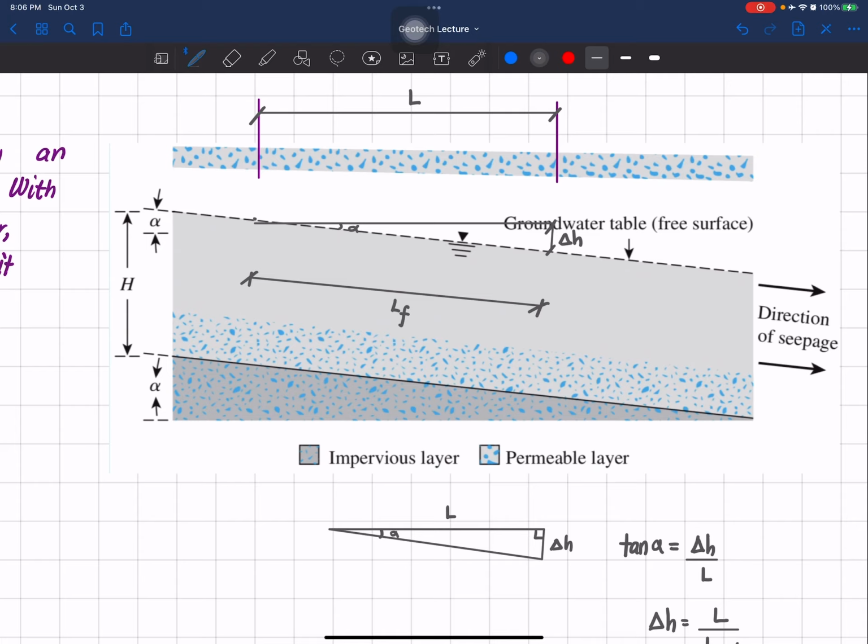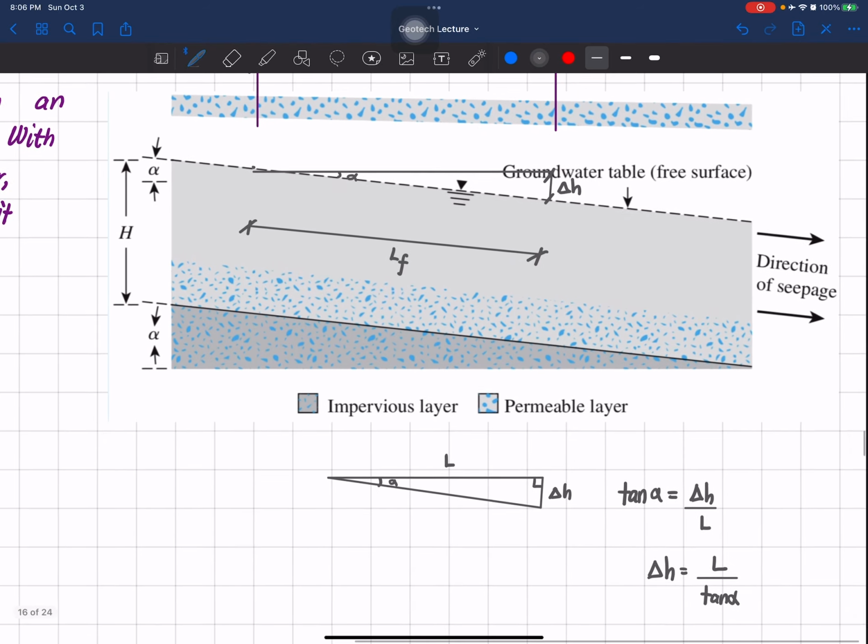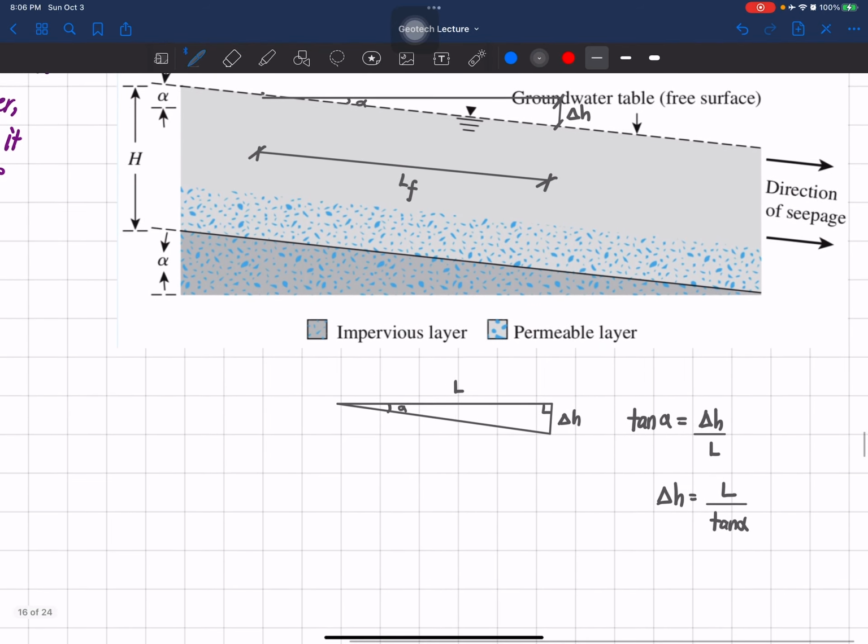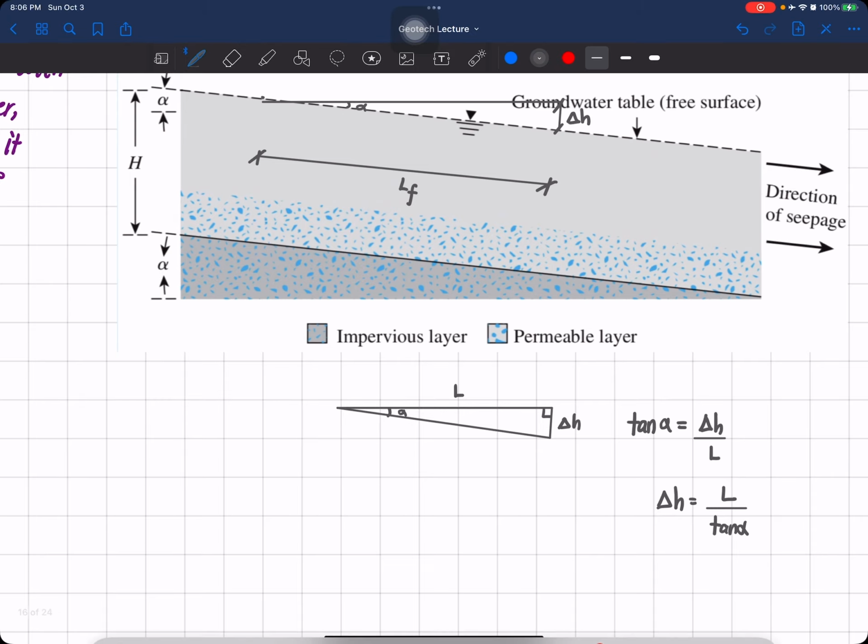So, may ma-form ulit tayong triangle, guys. So, i-draw ko na lang yung triangle dito. So, ganito siya. Magiging itsura niya ay almost the same with the first triangle that we did. Ayan. Pero iba lang yung variable set niya. So this is your L, this is your LF, and this is your angle alpha.